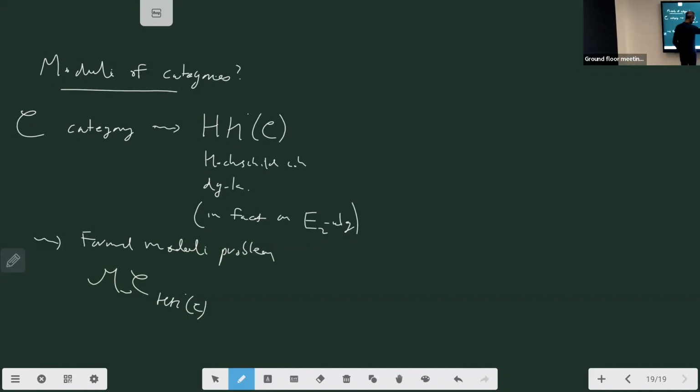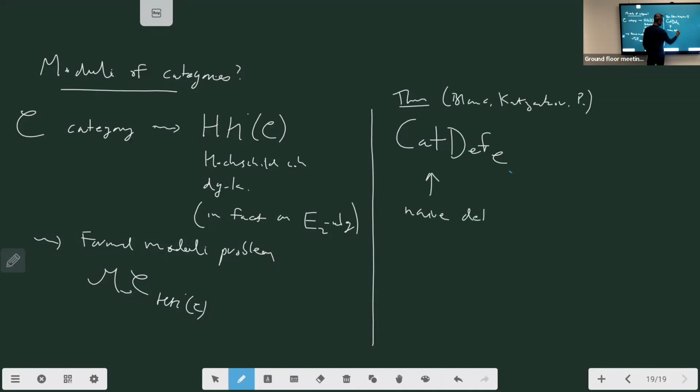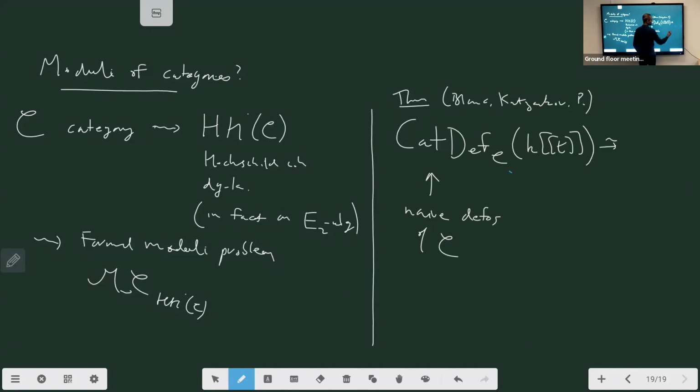But what you can show is that if you're interested in deformations over formal power series rings, and this is a theorem we proved with Blanc, Katzarkov, and myself, that the naively defined deformations of C, when evaluated on a formal power series ring, is isomorphic to solutions to the Maurer-Cartan equations inside this formal power series.